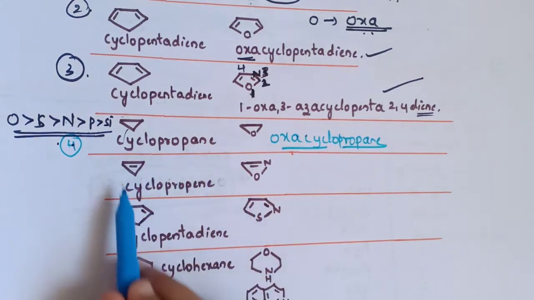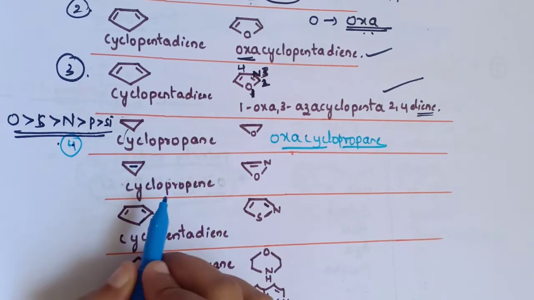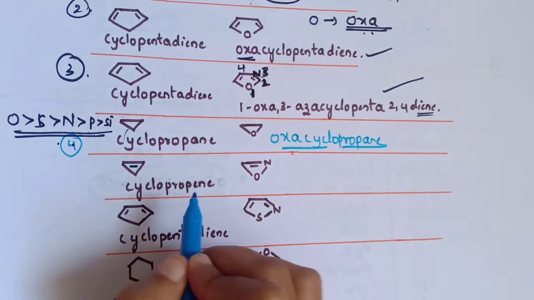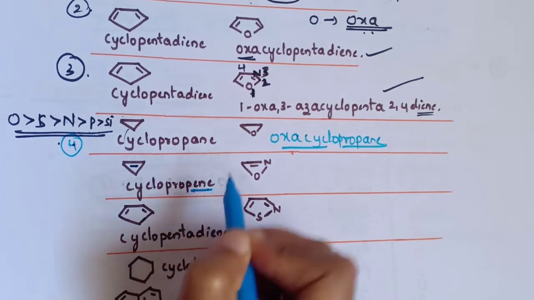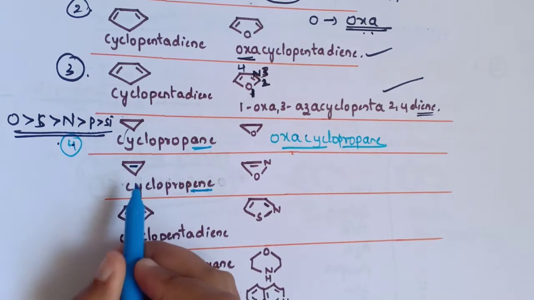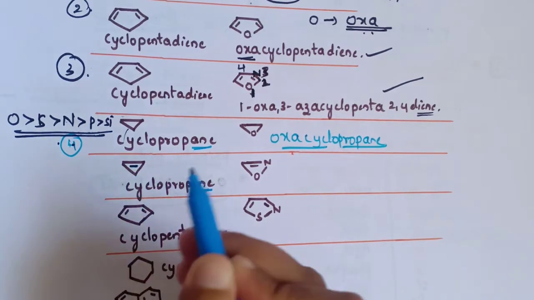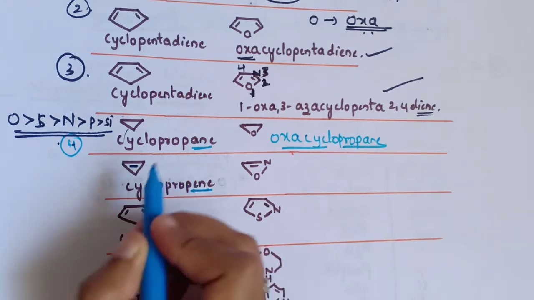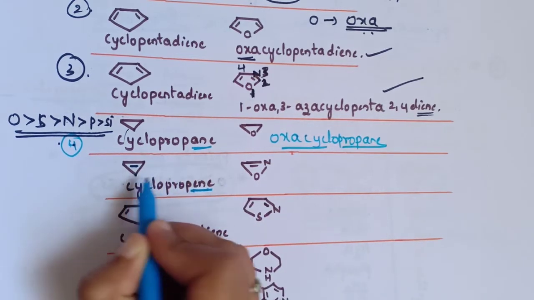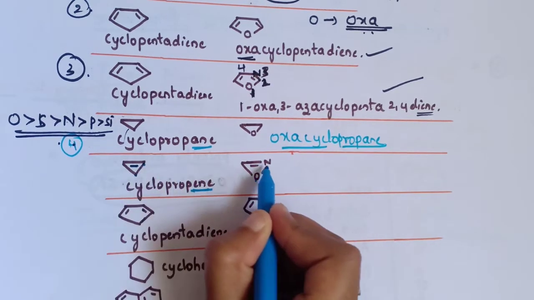Now it is cyclopropene, because a double bond is present between the two carbon atoms. It is ene, and the other is ane. It is cyclopropene. Here one of the carbons is replaced by oxygen and one by nitrogen. See, this carbon is replaced by oxygen and this carbon is replaced by nitrogen.